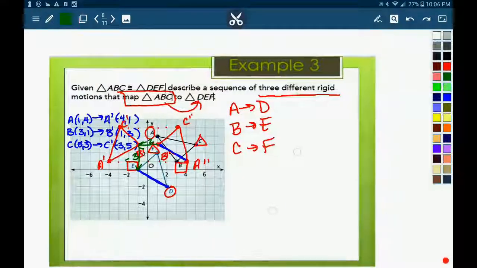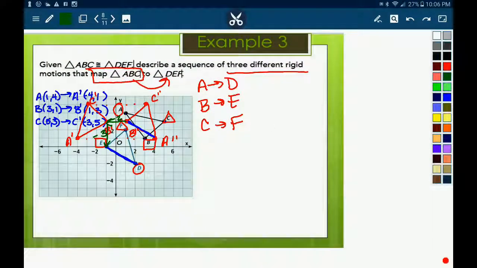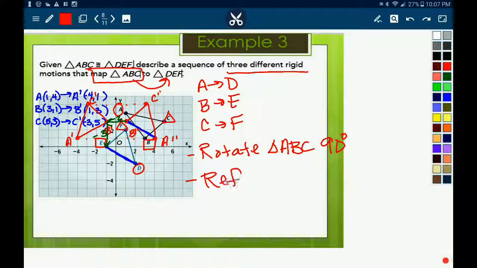The first step that we made was to rotate. We rotated triangle ABC 90 degrees. That was our first movement. Then we reflected triangle A prime, B prime, C prime over the y-axis.